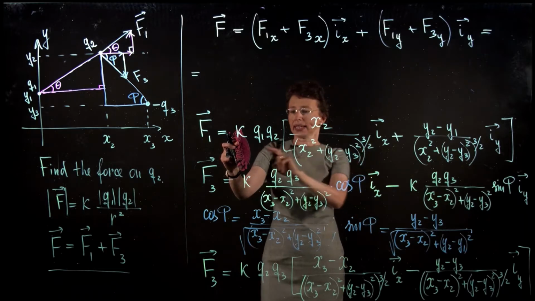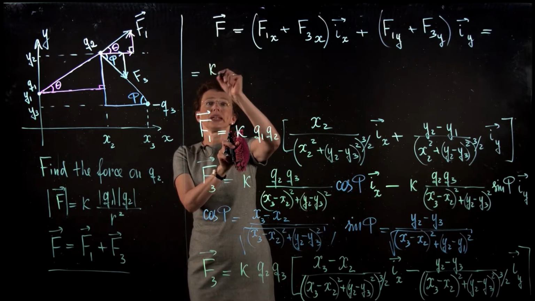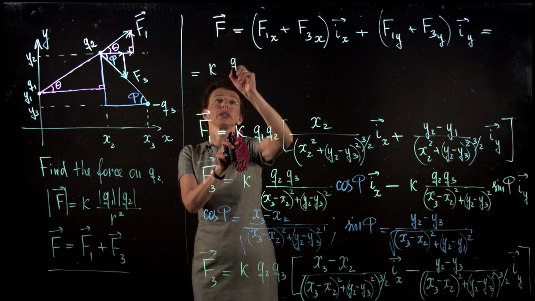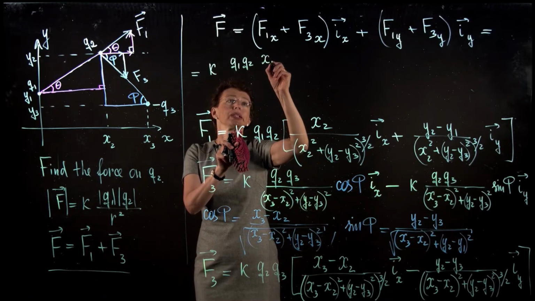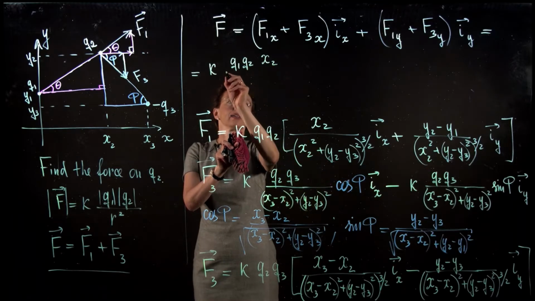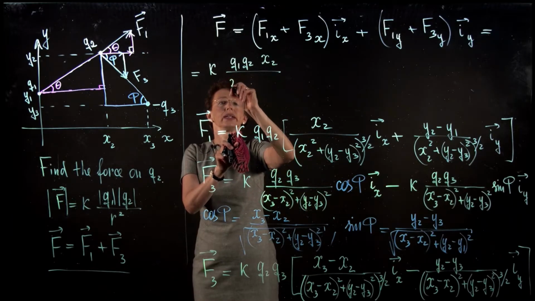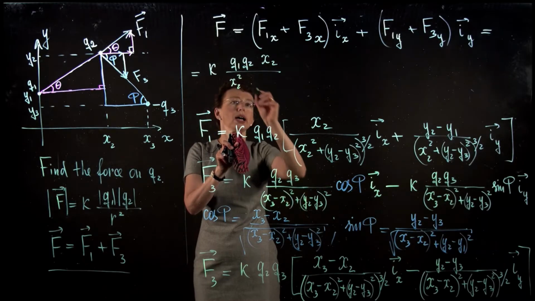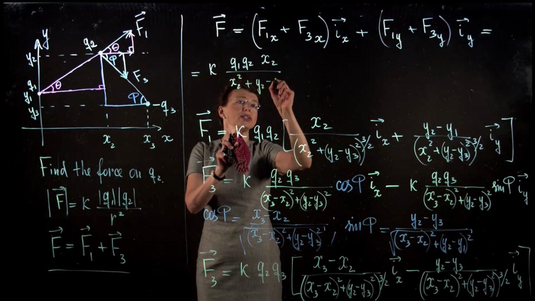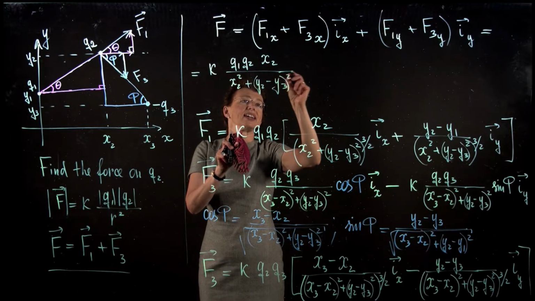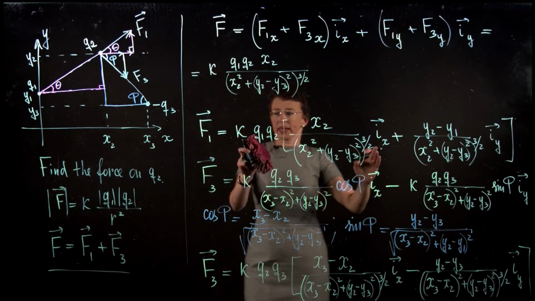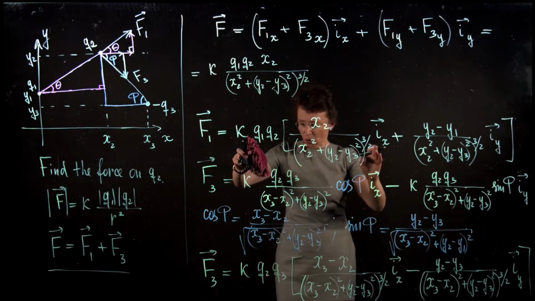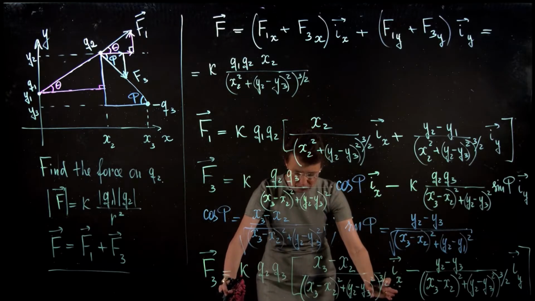So I have K Q1 Q2, x2, divided by this guy, which is x2 squared plus y2 minus y3 squared to the 3/2. This is F1x. Now I need F3x, which is this guy.